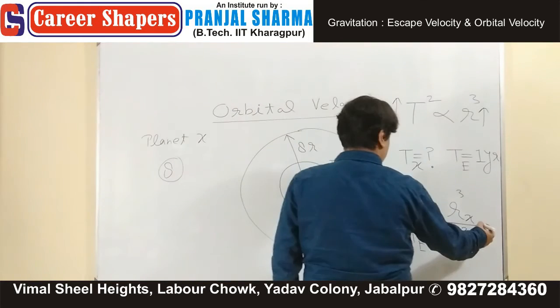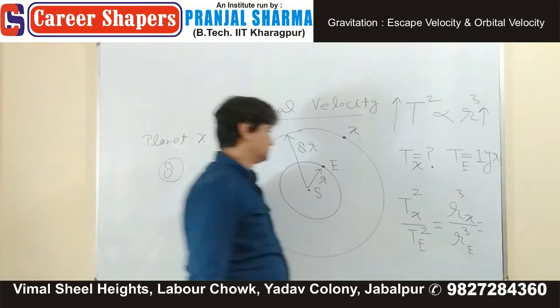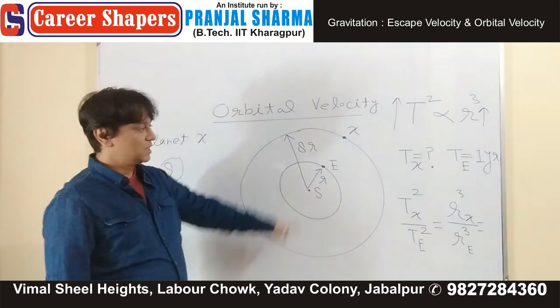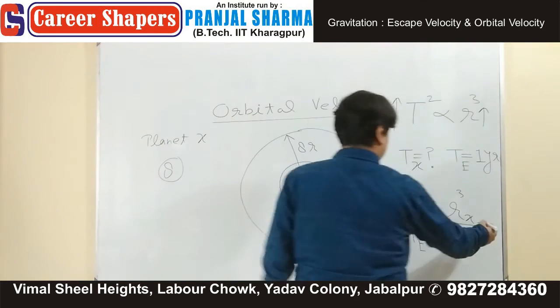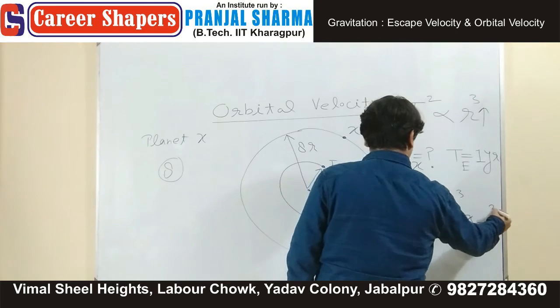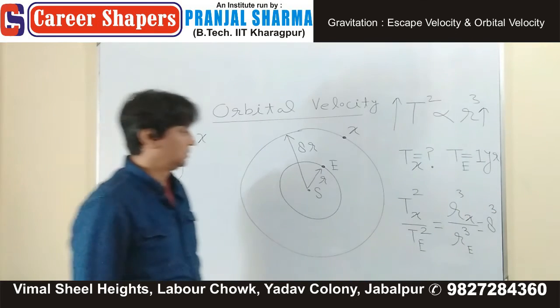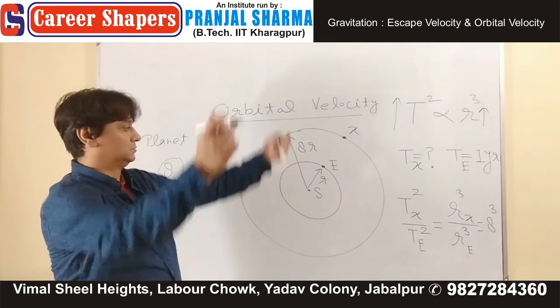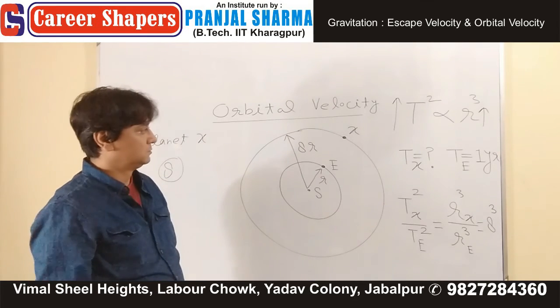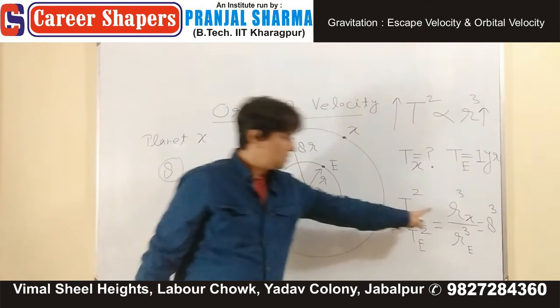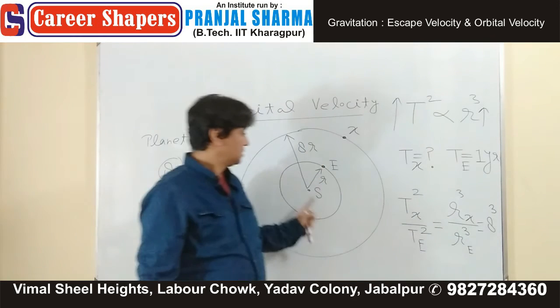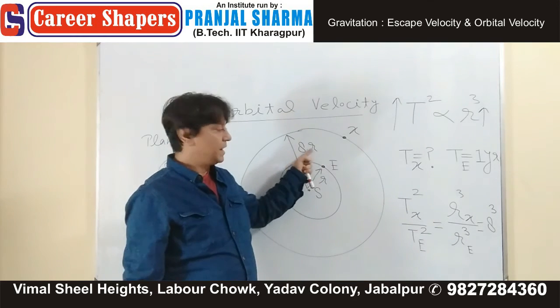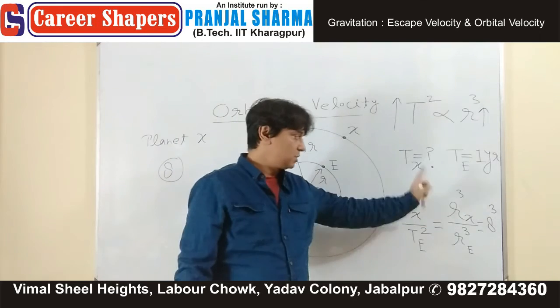This Rx upon Re is 8. This is cube of 8. Eight R upon R got cancelled. This is 8 cube.